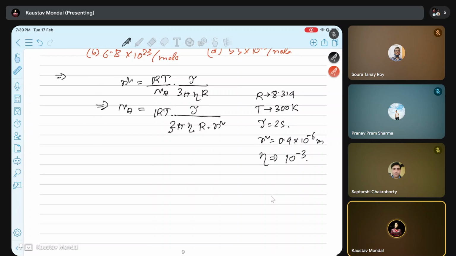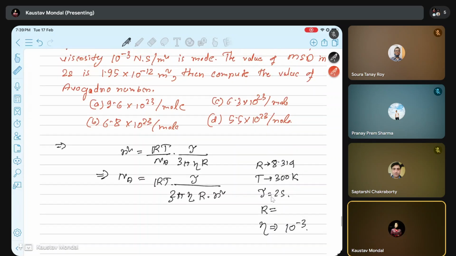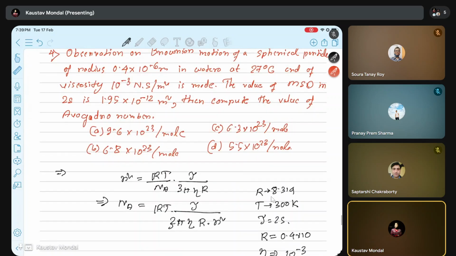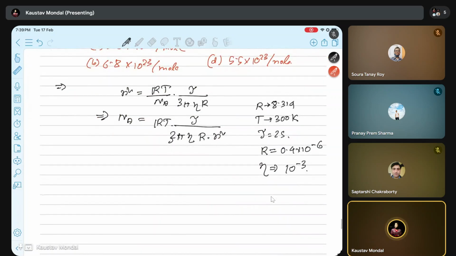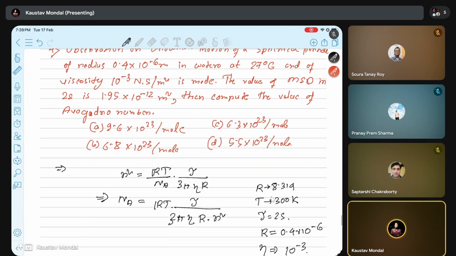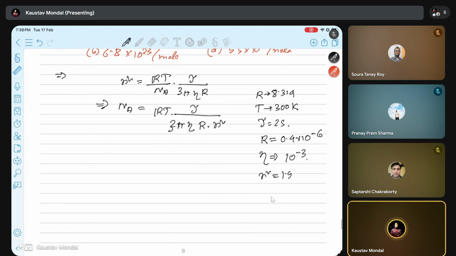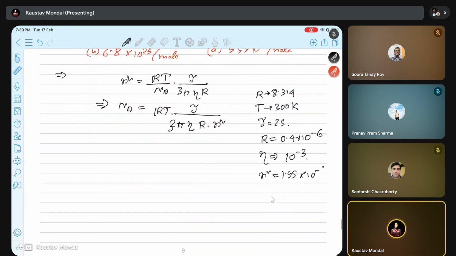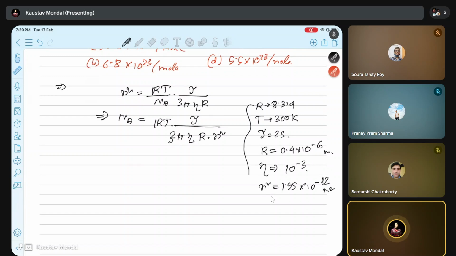Sorry, I've written it wrong. This is the expression of radius, 0.4 into 10 to the power minus 6. And MSD was 1.95 into 10 to the power minus 12, this is meter square. Now substitute all of these quantities here.